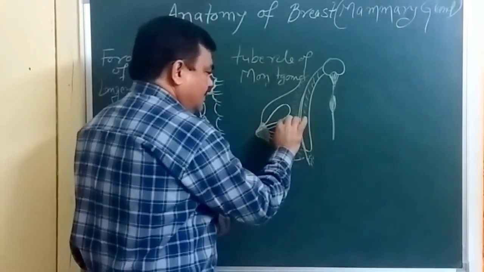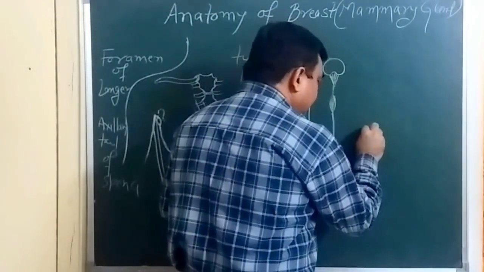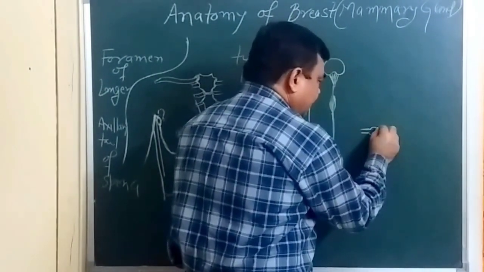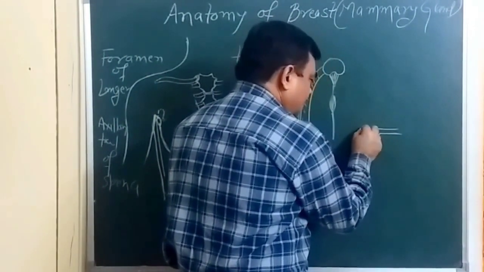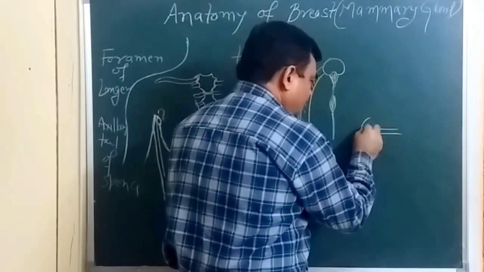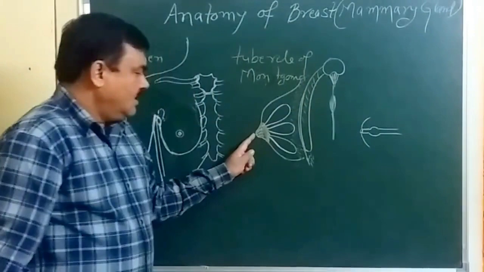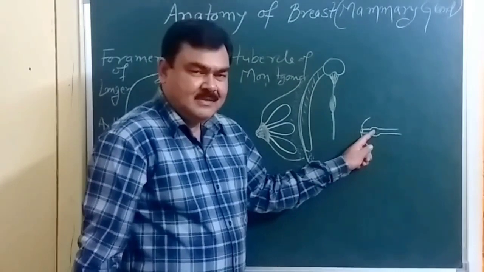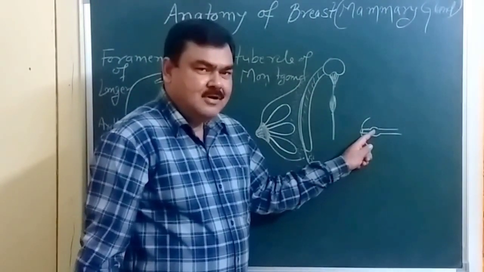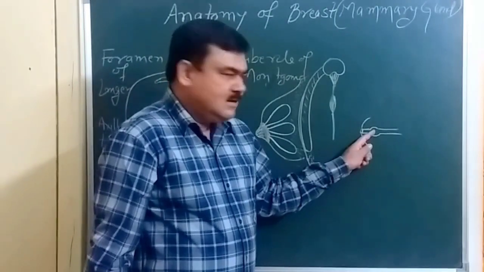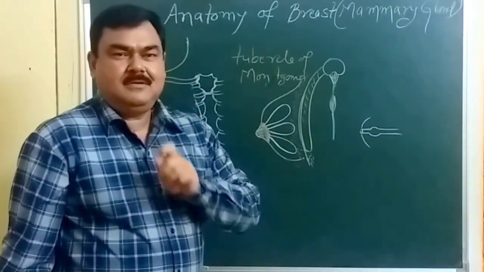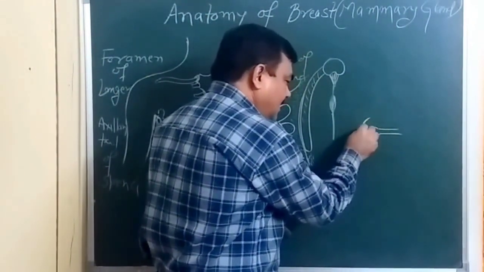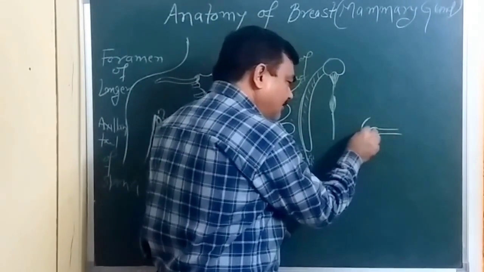If you draw a diagram separately, you will find here is the opening at the nipple. This is the lactiferous sinus. It contains some milk. During lactation, it always contains some amount of milk.